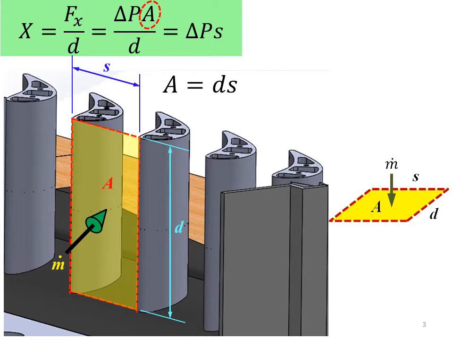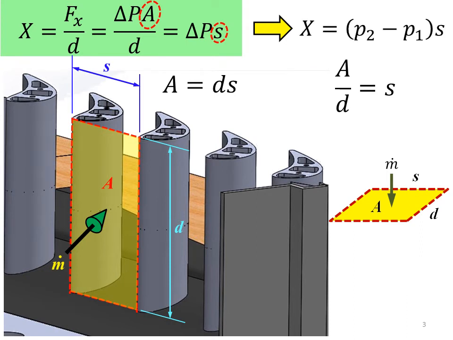In terms of formula, A equals D times S, and if we rearrange the equation, A divided by D equals S. Substituting into the X equation, we get X equal to delta P times S, the spacing distance. So we get the final equation for X force, where delta P represents P2 minus P1 if you refer to the schematic diagram of the cascade blade. So X force equals P2 minus P1 times spacing distance.